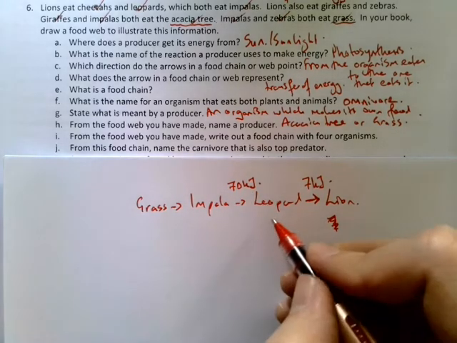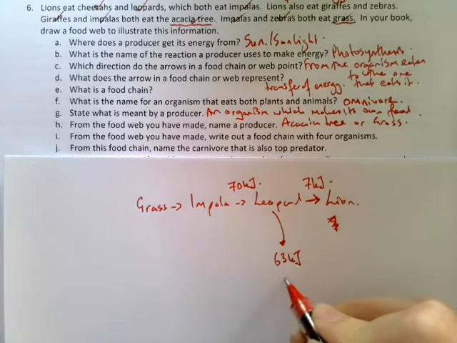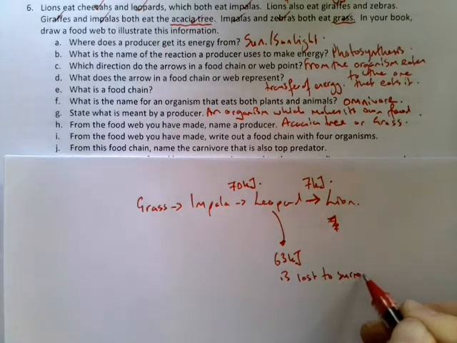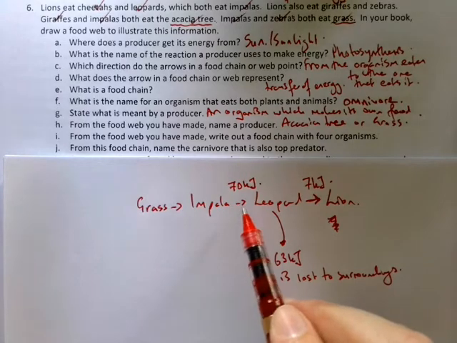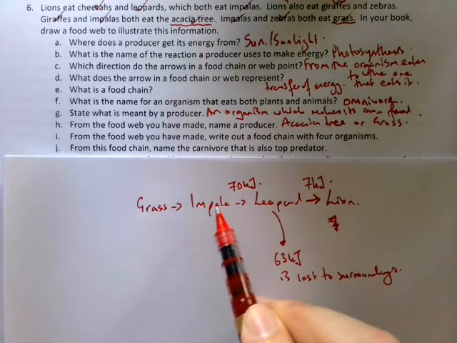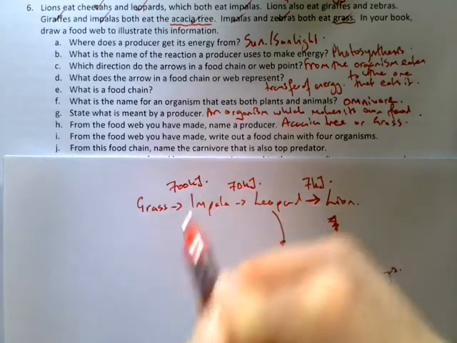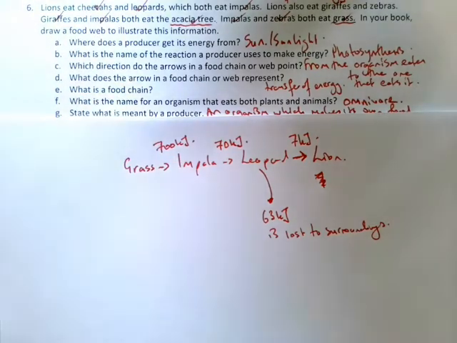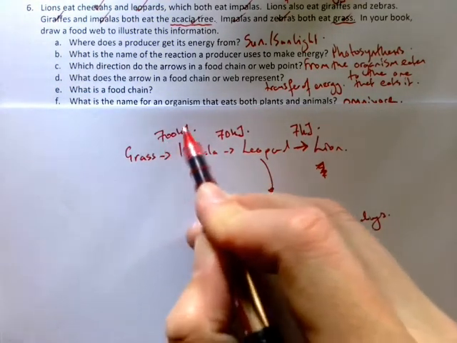The other 63 kilojoules is lost to the surroundings, by running around, keeping yourself warm, that kind of thing. Now, if the leopard got 70 kilojoules from the impala, the impala must have taken in 700 kilojoules of energy. So the impala is going to get 700 kilojoules of energy from the grass.